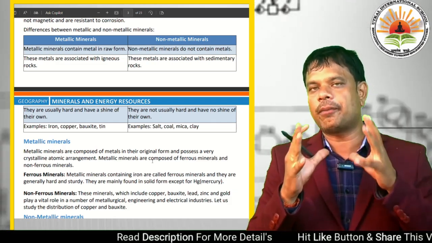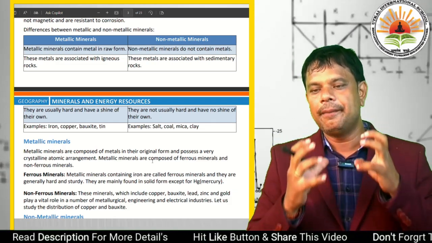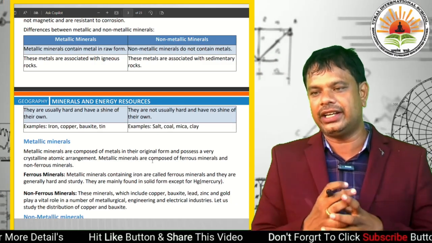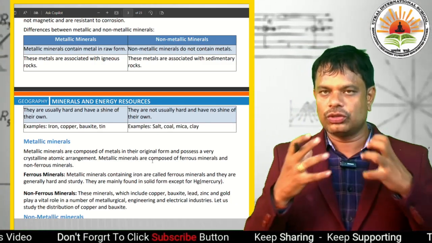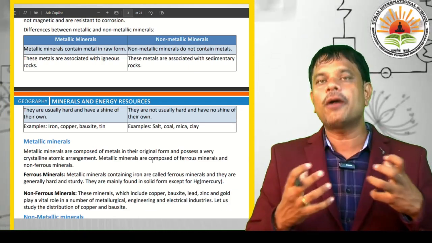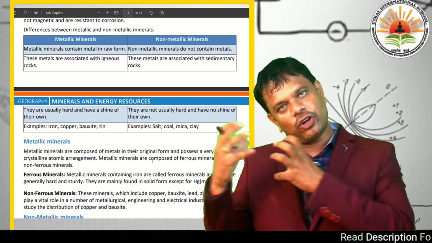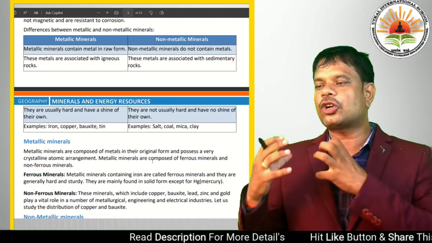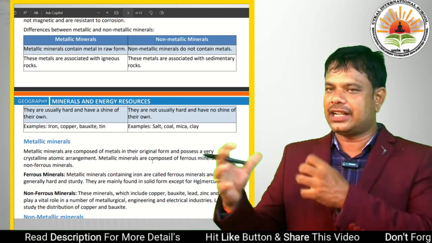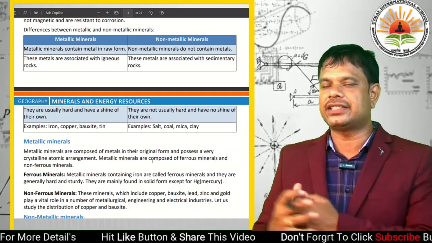We collect the material, and their main content is in the raw form. If we compare with non-metallic minerals, they do not contain metals. They have no metals.